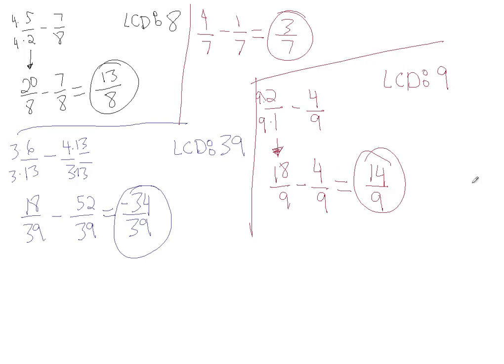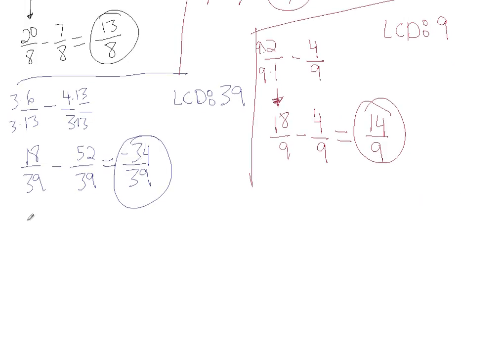Okay, let's do a few examples using our cross product. Let's say we're subtracting 5/6 minus 5/12. Okay, this one's pretty simple for our LCD, but let's use our cross product method anyways to get familiar with it with both addition and subtraction. So our first term is going to be 5 times 12, which is 60.